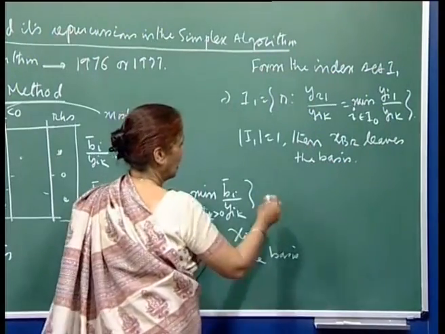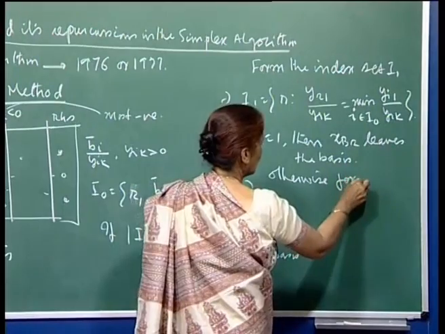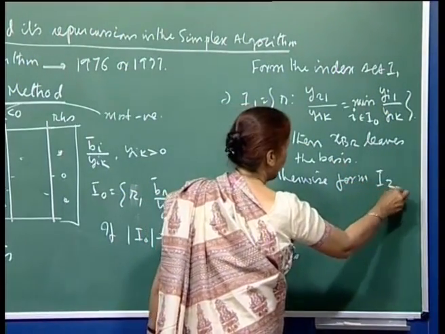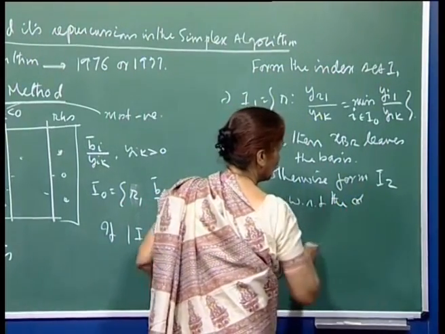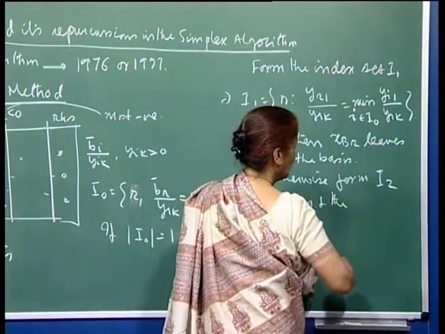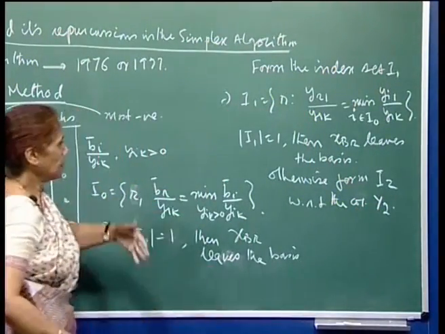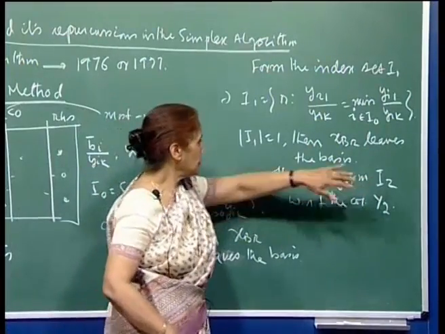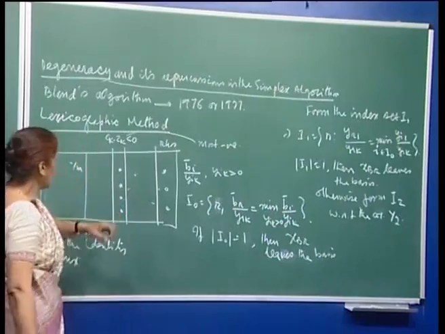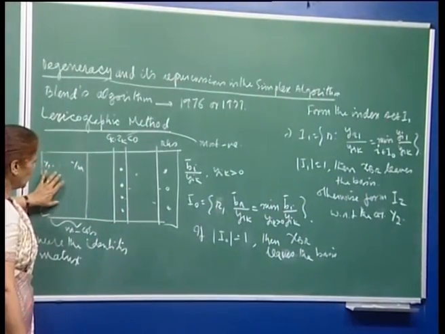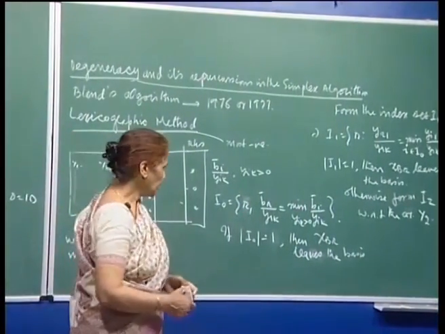Otherwise, you then form I2 with respect to the column y2. So, do the same thing, that means whichever indices are there in I1 for which the ratio is the same, there is a tie. For those ratios, you will choose the y2 column, take the corresponding ratios, and then again find the minimum one. So, this process goes on, right.